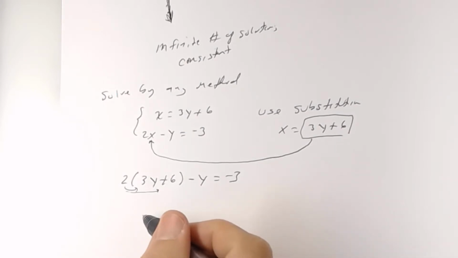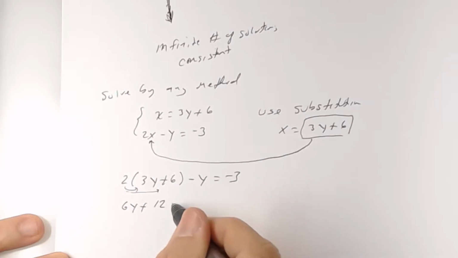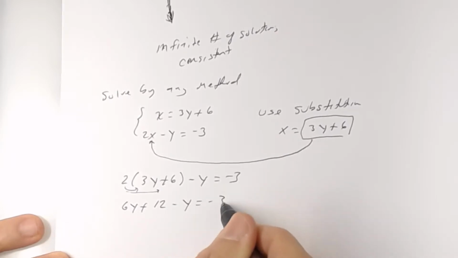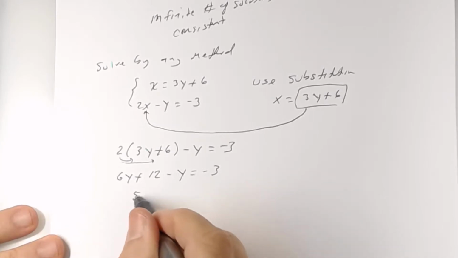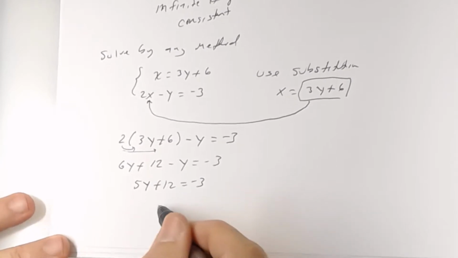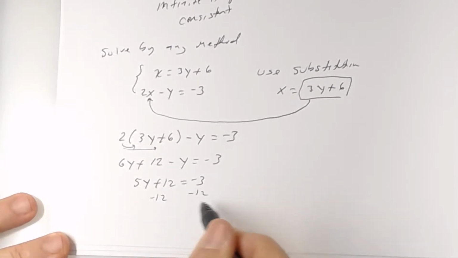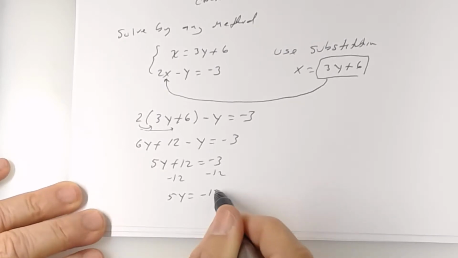What's 2 times 3y? So I get 6y plus 12 minus y equals negative 3. Combine like terms, I get 5y plus 12 equals negative 3. Subtract 12 from both sides, I get 5y equals negative 15.